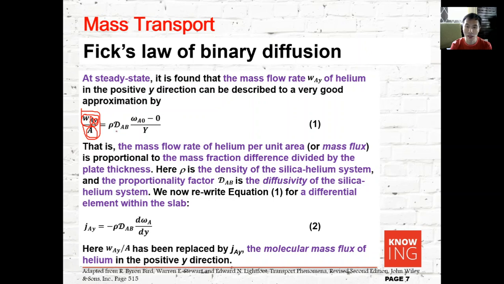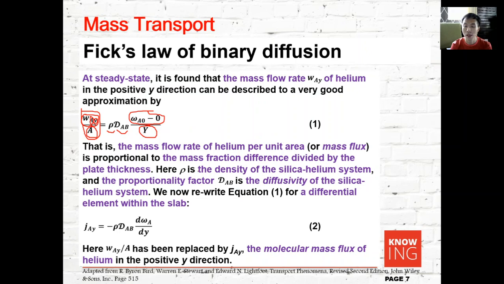This mass flux is proportional to the density times the diffusivity of AB, times the concentration gradient from the bottom of the plate to the top, divided by the distance, or basically the thickness of the plate.